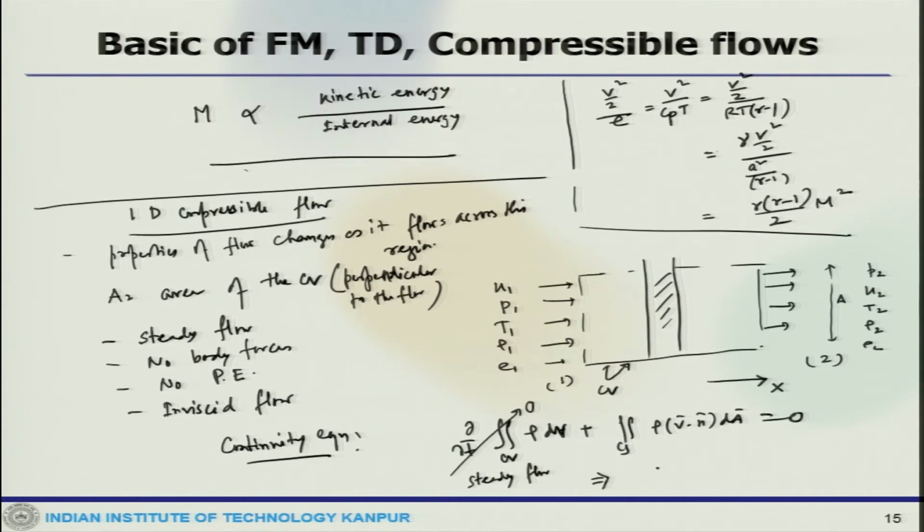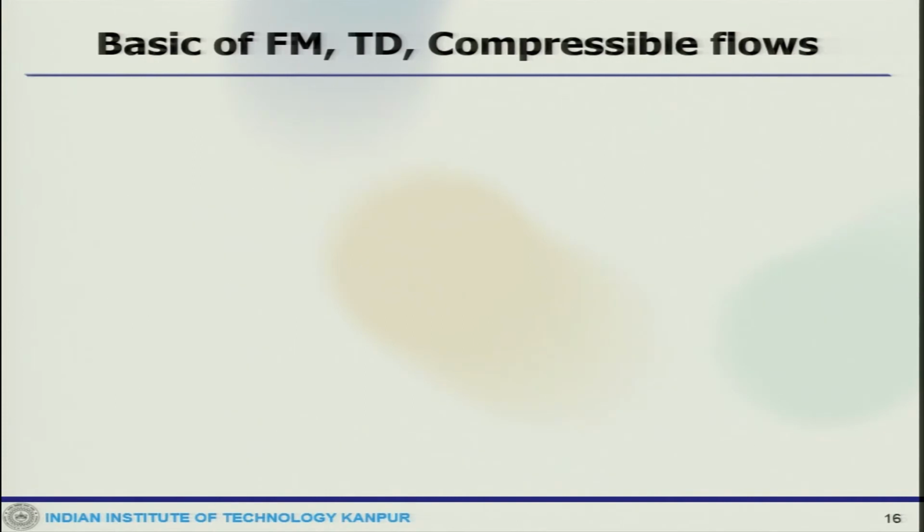What it gives us back is the control surface integral of rho V dot n dA, which is 0. So we write this at station 1, rho V dot n dA, plus at station 2, rho V dot n dA, which is 0.